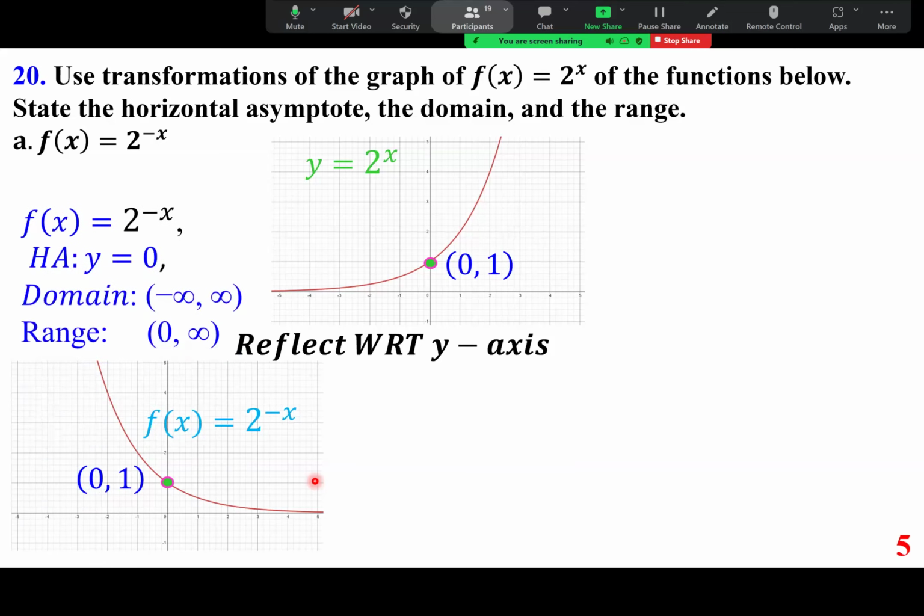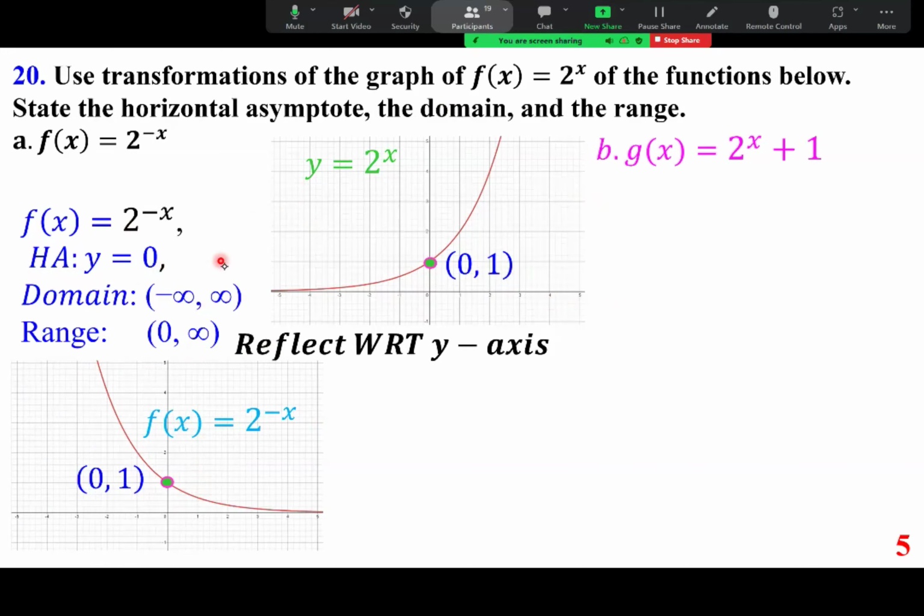That's the difference. Therefore, for f of x equals 2 to the power of minus x, the horizontal asymptote remains as the x-axis, which has the equation y equal to 0. Domain, all real numbers, range, the same.